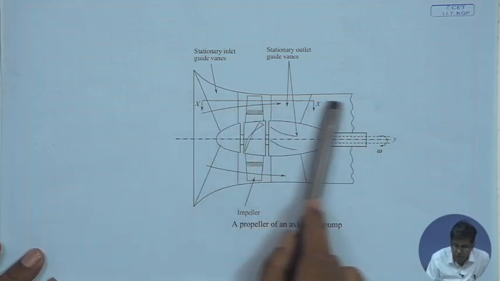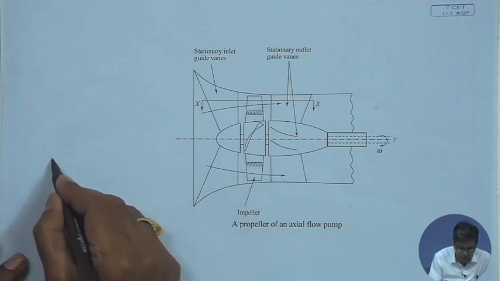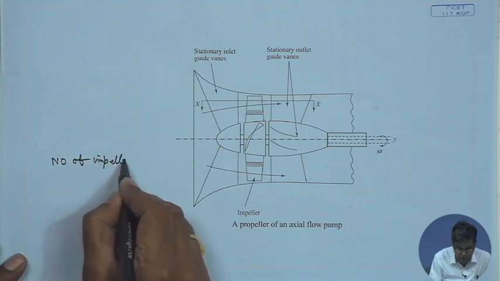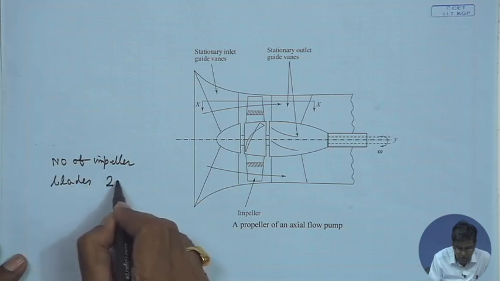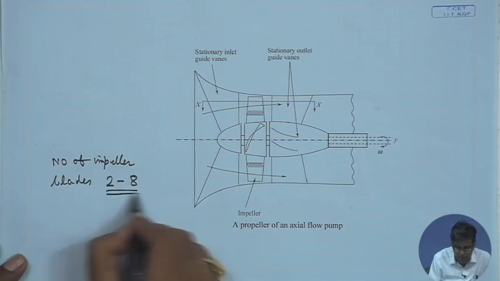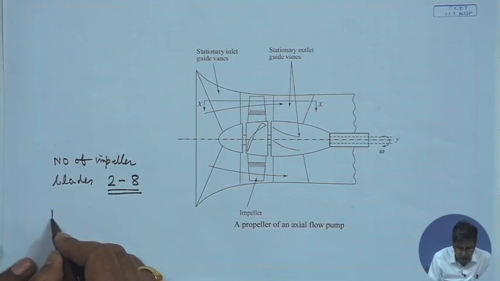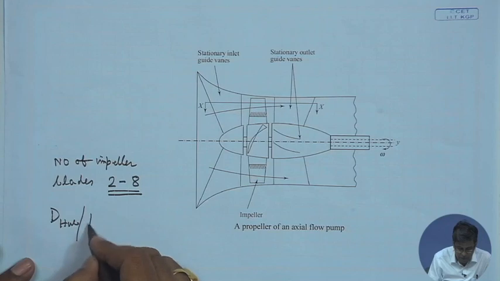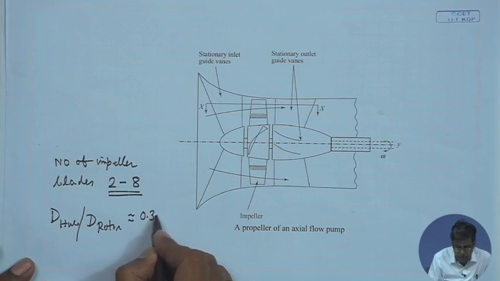This is overall a picture of this axial flow pump, and here you can take two pieces of information: the number of impeller blades, or rotor blades, usually varies from 2 to 8, and the ratio of hub diameter to the rotor diameter is equal to 0.3 to 0.6.